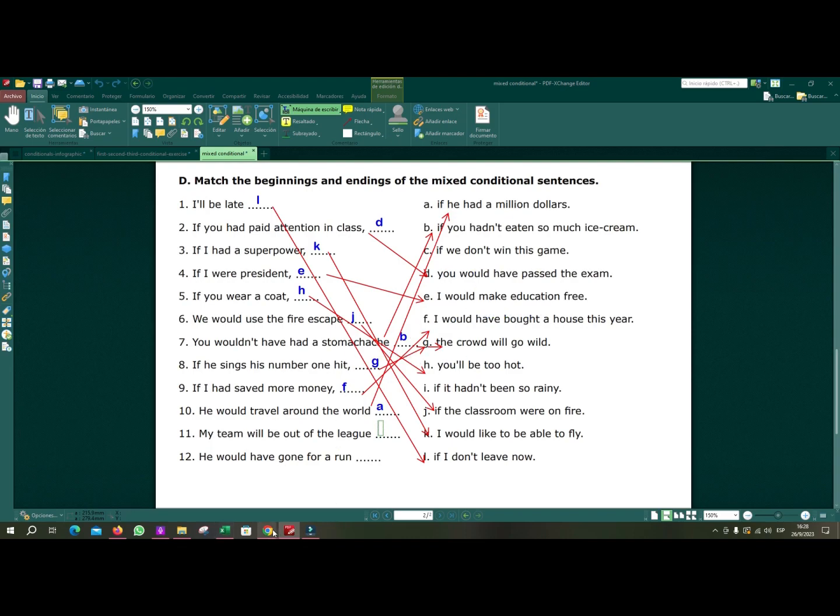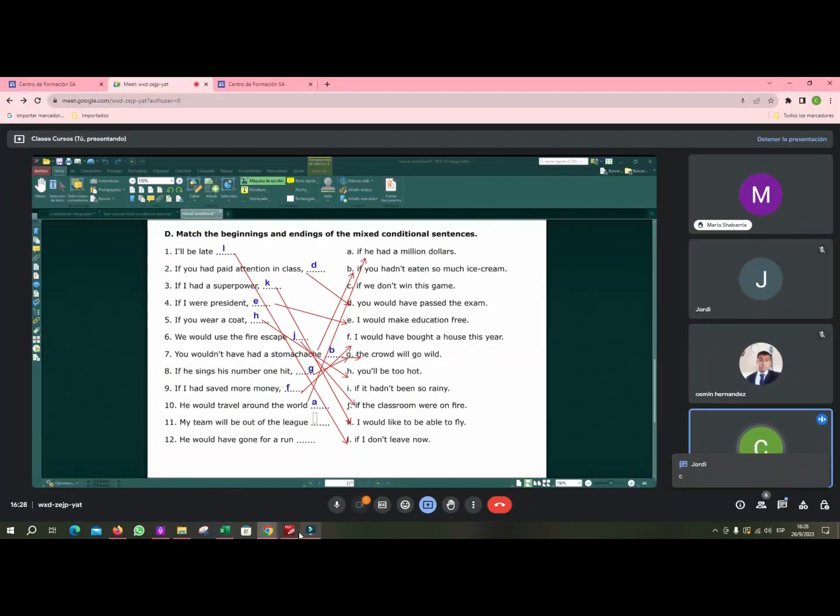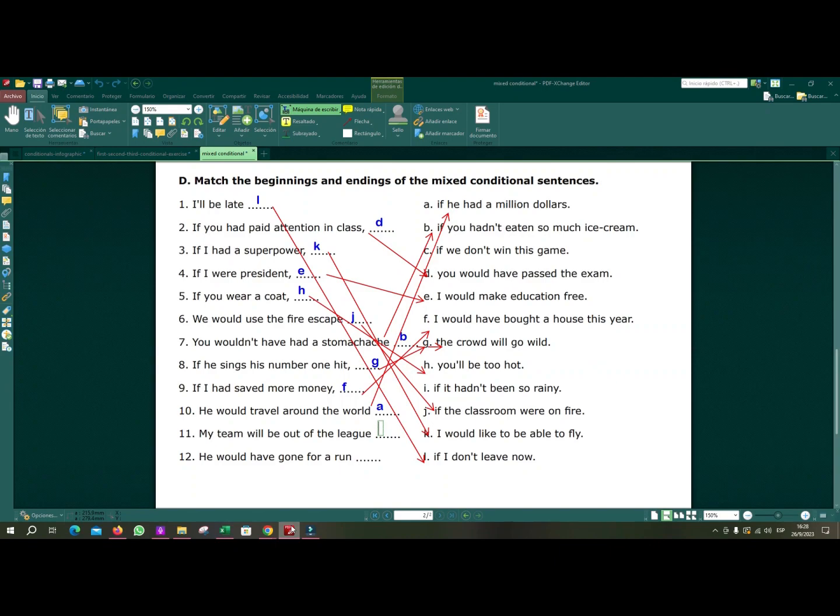We have letter C. Yes, Mr. Jordi, that is letter C. So my team will be out of the league if we don't win this game. Excellent. And the last one, he wouldn't have gone for a run if it hadn't been raining so much. That would be letter I.